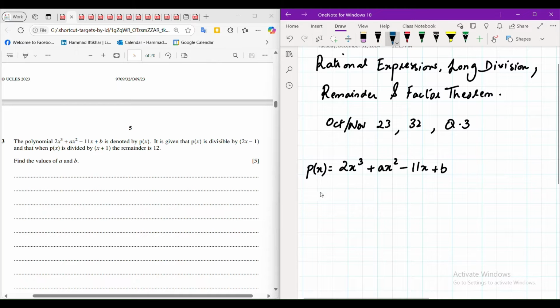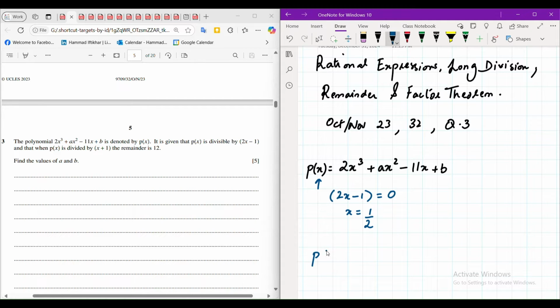Since p of x is divisible by 2x minus 1, the value that we have to plug in comes from allowing 2x minus 1 to go to 0. So when we put it equal to 0, x will come out to be 1 over 2.